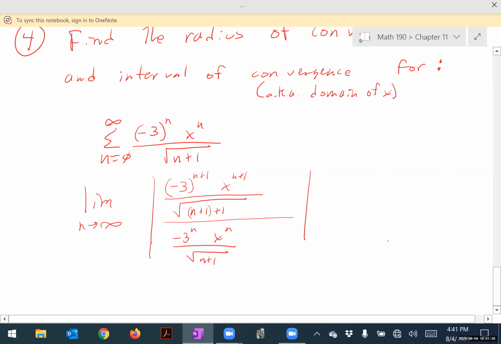We want to know, when is that less than 1? For what values of x is this thing less than 1? That's a really big one.